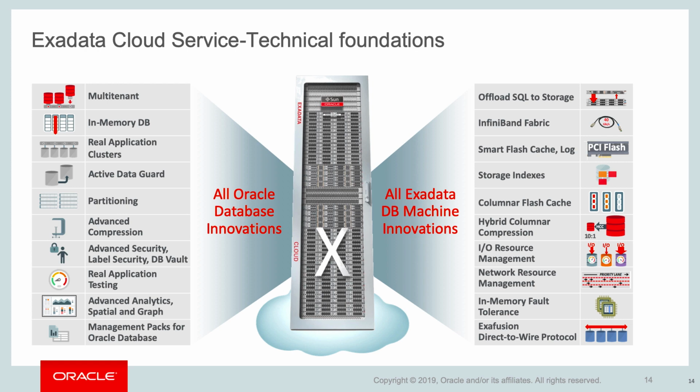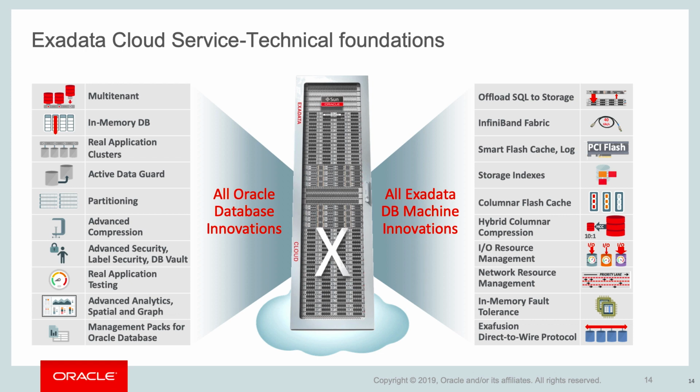The license included subscription model includes all the features of Database Enterprise Edition plus all of the Oracle Database Enterprise Manager packs and all options such as Oracle Active Data Guard, Automatic Storage Management, Partitioning, Advanced Compression, Security, Database Vault, Real Application Testing, OLAP options, Spatial and Graphs. Exadata Cloud Service includes multitenant options as well, which include high consolidation density, rapid provisioning and cloning, efficient patching and upgrades, and they simplify database management.